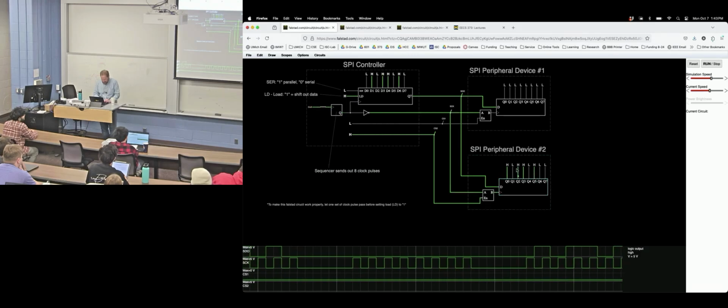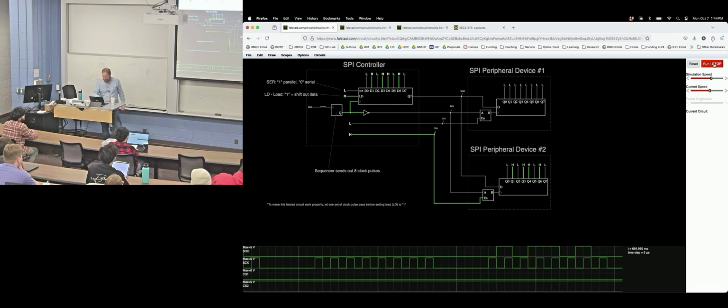See, this is starting to mirror what's up there. And yeah, if I stop it here, you can see, I think that's exactly right. Up here was 0, 1, 0, 1, 1, 0, and so on. And you can see that's been shifted into that register down here. And now this device is ready to pull that data out and do something with it.